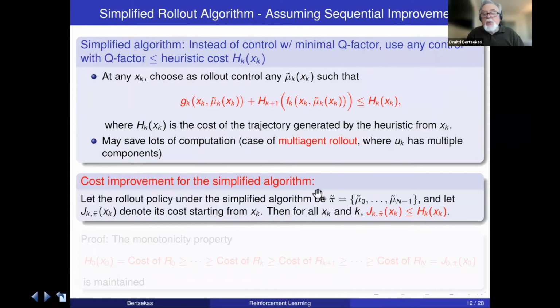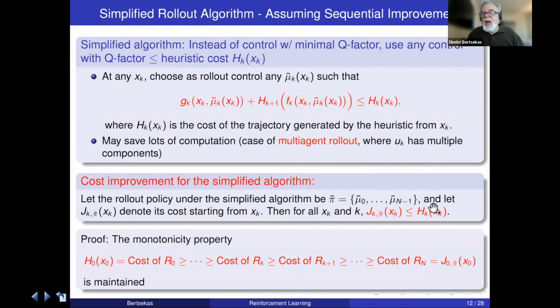Okay, a quick proof of this cost improvement property. This is the statement that the rollout policy, which we call pi tilde, and its cost, which we denote at time k by Jk of pi tilde, starting at xk, satisfies this cost improvement inequality. For every k and state xk, the rollout cost is smaller than the cost of the base heuristic.